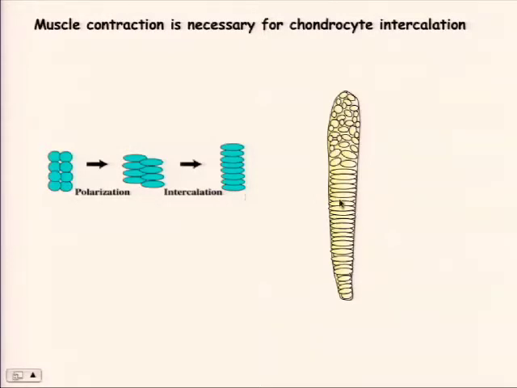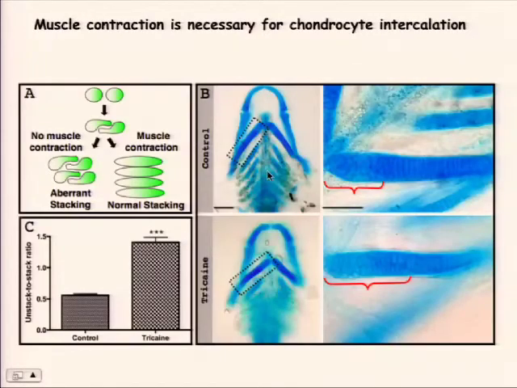So we looked in the zebrafish by just paralyzing this fish for a very short period, and you can see that the consequence is accumulation of abnormal or roundish cells, and a lack of stacking process, suggesting that indeed muscle load is important for intercalation.